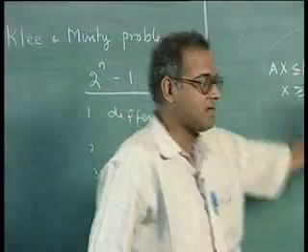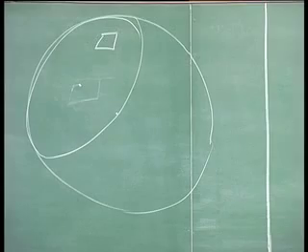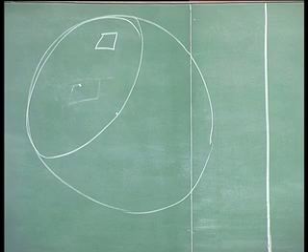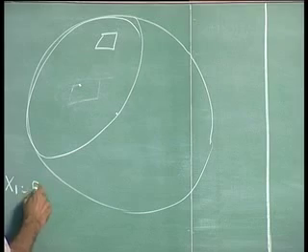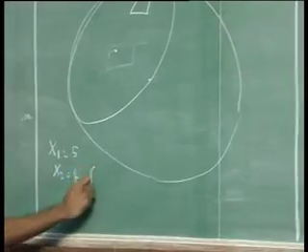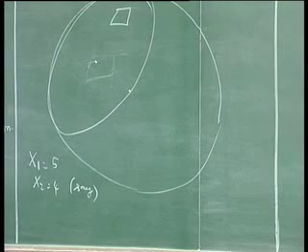If you go back and try out the ellipsoid algorithm for a simple problem like maximize 5x1 plus 6x2 subject to two sets of constraints and all that, ellipsoid algorithm will take at least about 1000 iterations to converge, whereas simplex will do it in 2 iterations. For example, if your optimum is x1 equal to 5, x2 equal to 4, say, what will happen is the ellipsoid will kind of alternate.